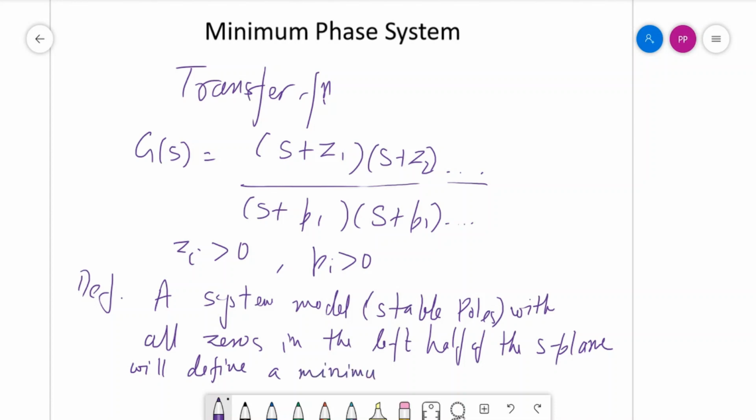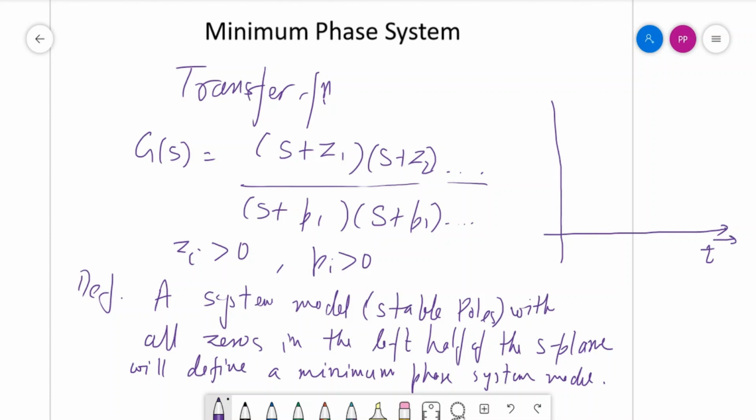So for a minimum phase system model, let us see how in the time axis it should behave.